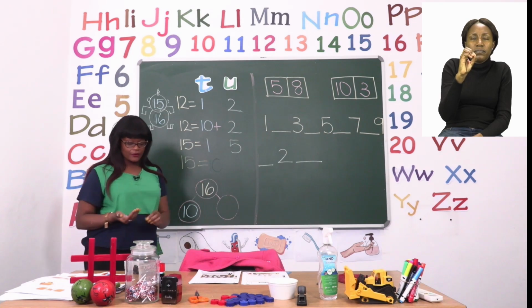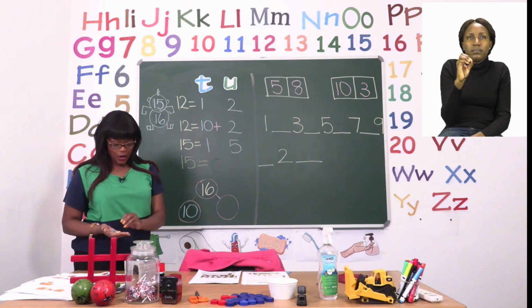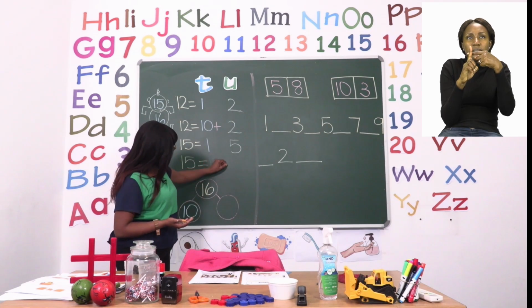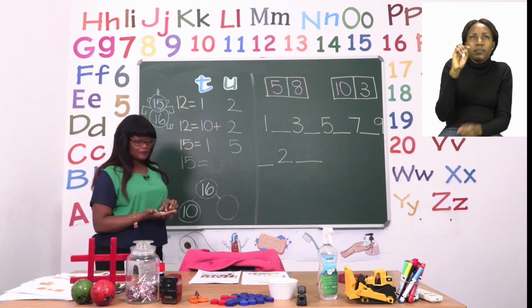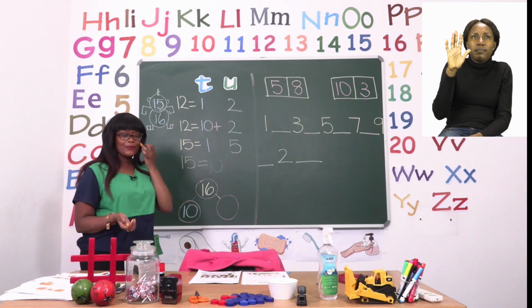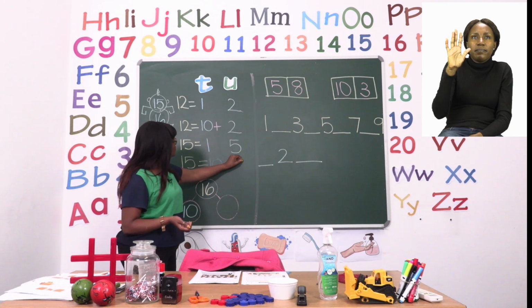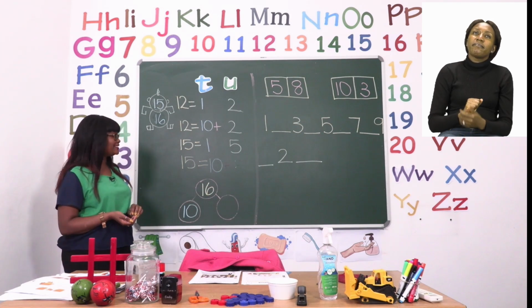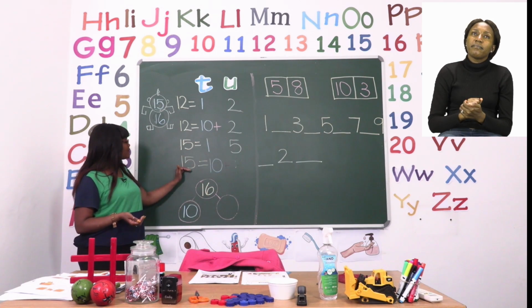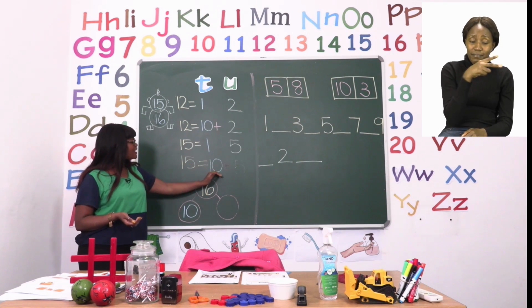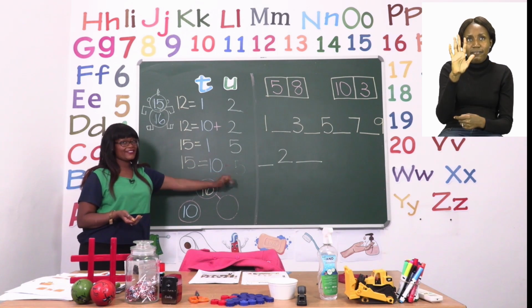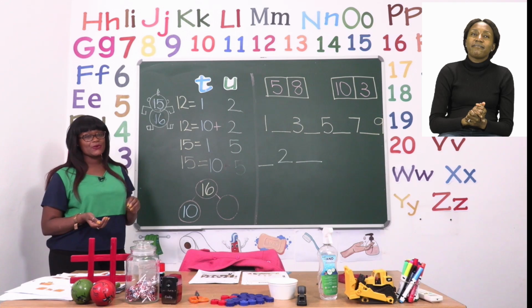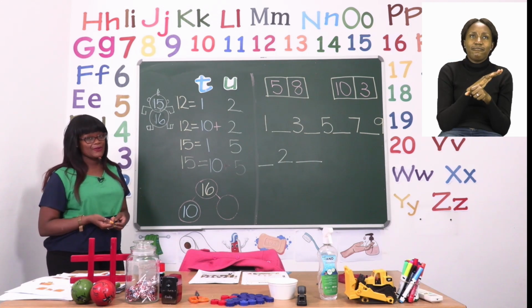So we have 10, and now we are adding plus. Then Mrs. Unit's friend has no problem standing alone. So we say 5, not 15. So we have said 15 equals 10 plus 5. Now we have put it in the right order. So you're going to do that for the rest of the sums.